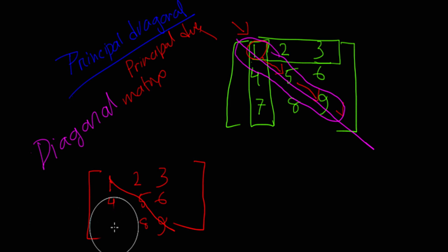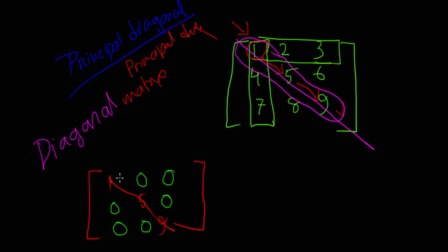So I've got to erase those. Okay, I say that it would be 0, 0, 0, 0, 0 and 0. So all would be 0 except those elements in the principal diagonal, and that type of matrix would be called a diagonal matrix.